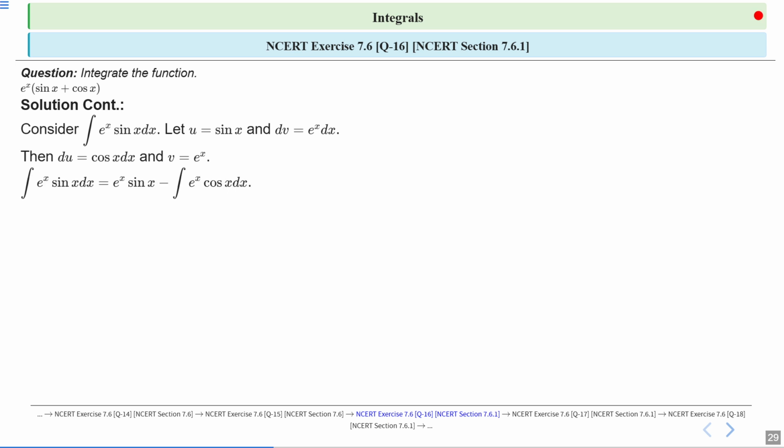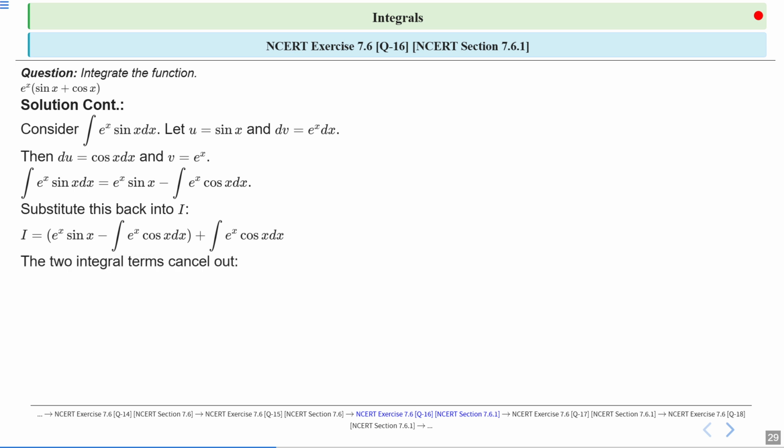So apply the by parts formula and simplify it. We get I is equal to e^x sin x minus integration of e^x cos x dx plus the second term, that is integration of e^x cos x dx. The two integral terms cancel out. The second term and third term, first one has a minus sign and then a plus sign.